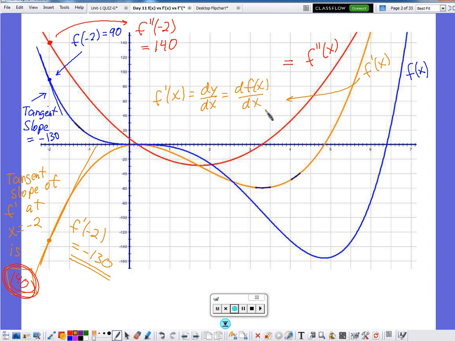Okay. F double prime has a similar type symbol. It looks like this. Make sure you memorize it. D squared y over dx squared. That means the same thing as f double prime. So make sure that symbol is memorized. We're good with that. Cool.